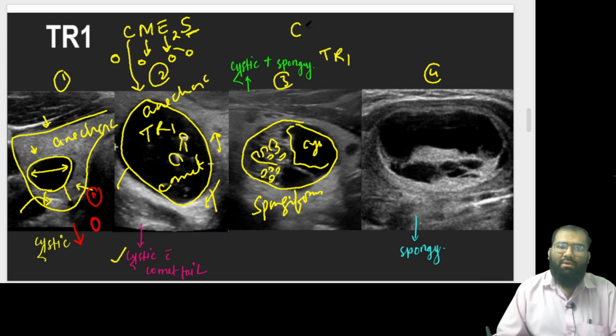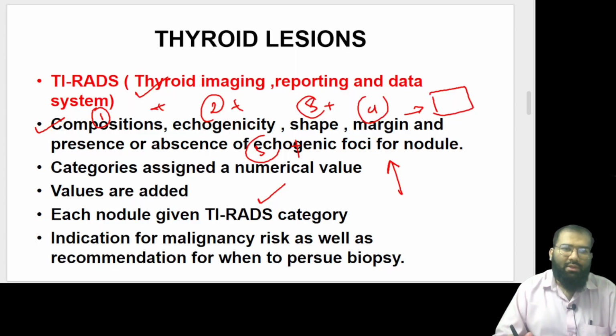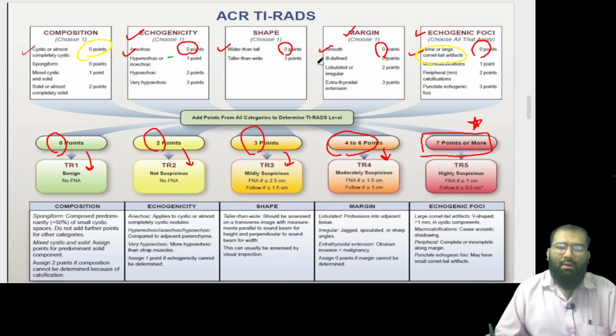But if you calculate also, it becomes CMES. So C, cystic means cystic or spongiform, so there are 0 points for that. Margins well defined, 0 points. Echogenicity, it is anechoic because of cystic areas, right? So that again makes it 0 points.